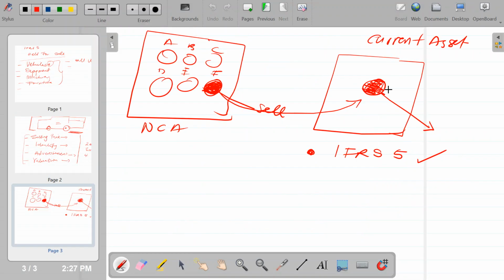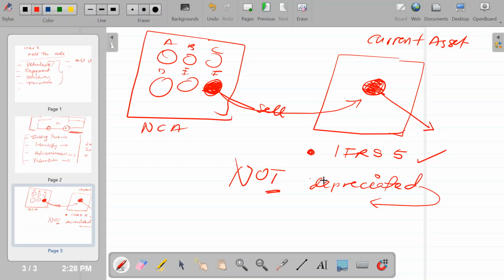So because we are not using the asset during the period we are waiting for a buyer, we don't depreciate the asset. Assets held for sale are not depreciated. That's another important principle we have to note. They are not depreciated because we are not using it. We are just parking it, waiting for a buyer to come and buy the asset. Do you get it?